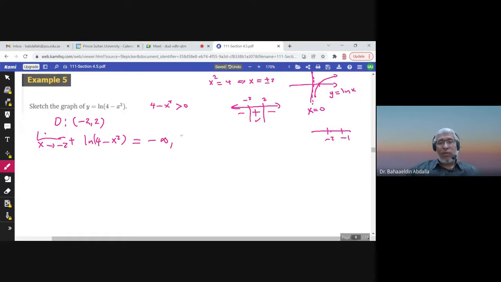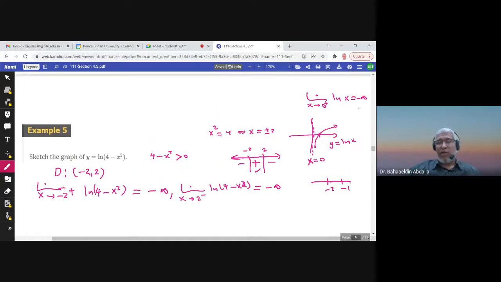Also, when I approach 2 from the left in ln(4 minus x squared), because I cannot approach 2 from the right, as the domain is between negative 2 and 2, I replace x by 1.9, and this again will go to 0 plus, and ln of 0 plus is negative infinity.